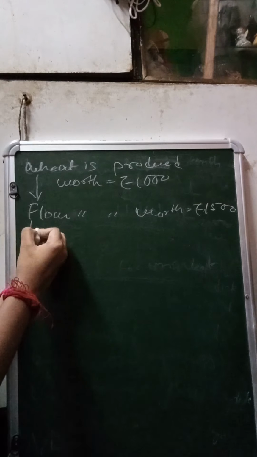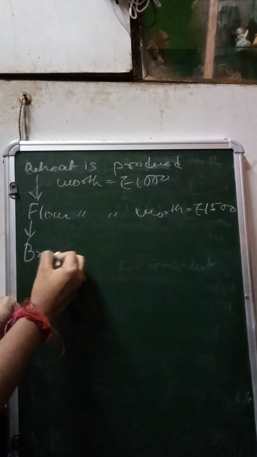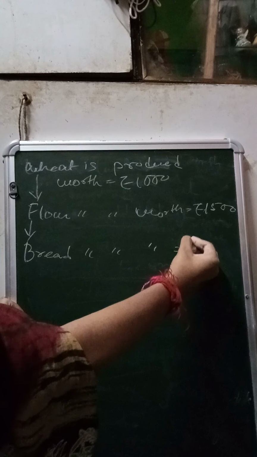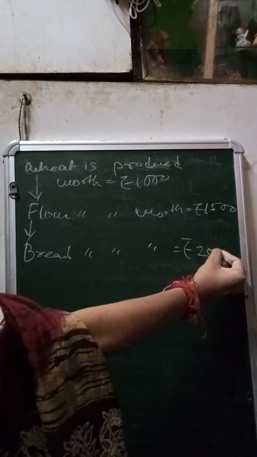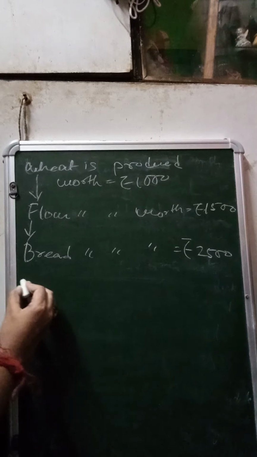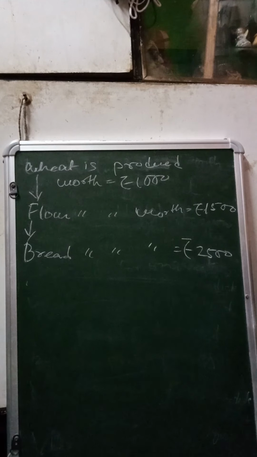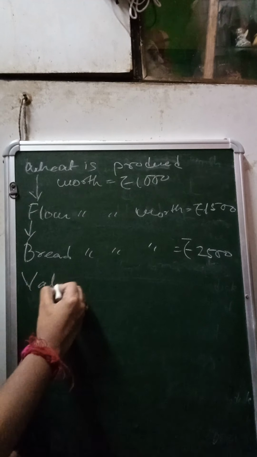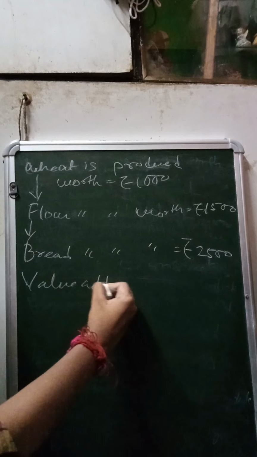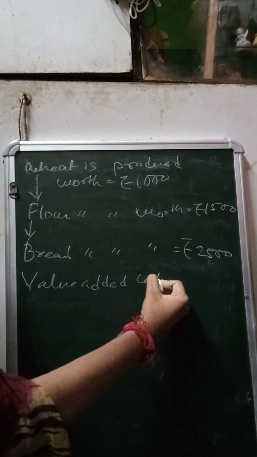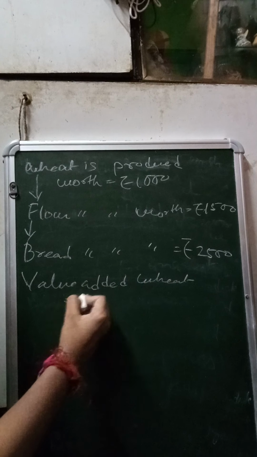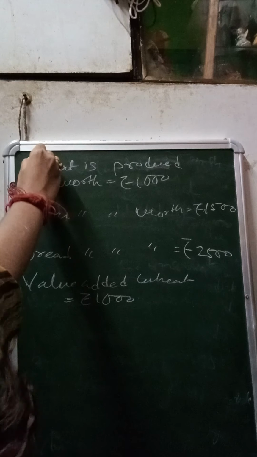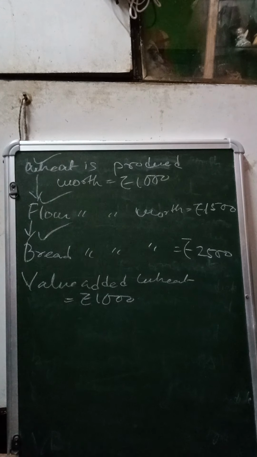Again this flour is converted into bread, and bread is produced worth suppose rupees 2500. If I want to calculate the value added, so this is the value added method. Value added for wheat will be rupees 1000 only, because this is the first stage, this is the second stage, and this is the third and final stage.